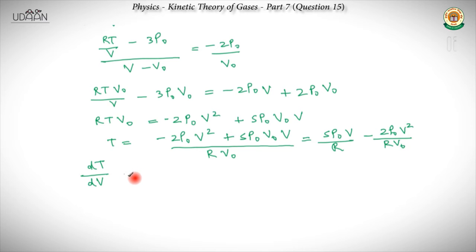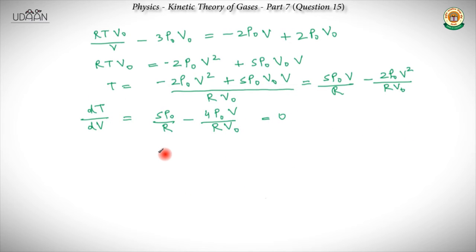So dT by dV is 5 P naught by R minus 4 P naught V by R V naught. Substitute it for 0. Using this, P naught gets cancelled, R gets cancelled, and we find V equal to 5 V naught by 4.